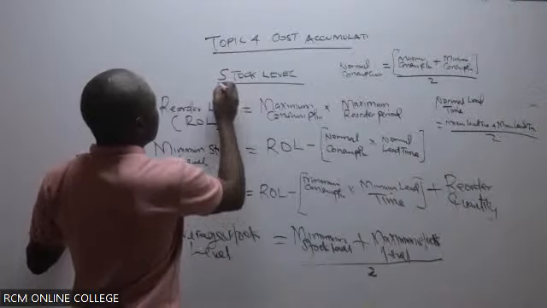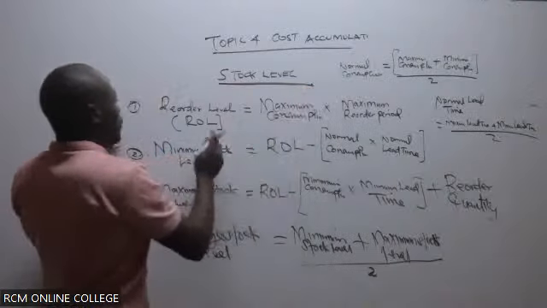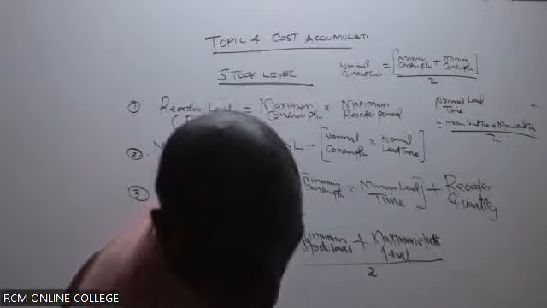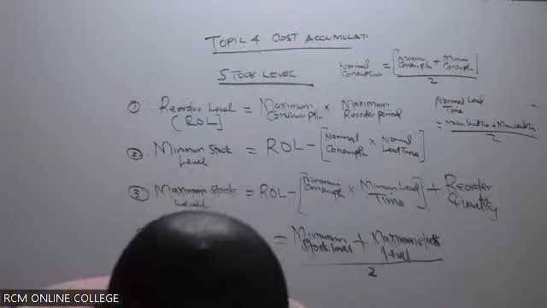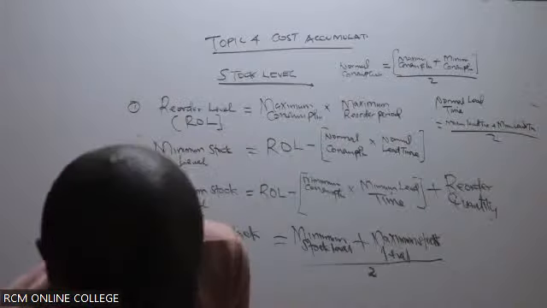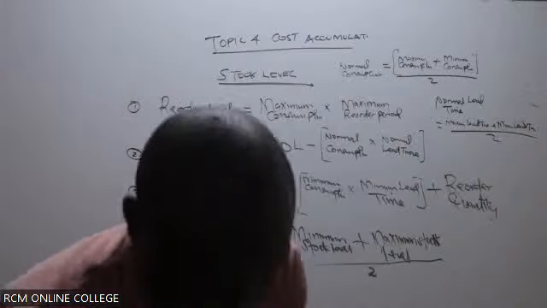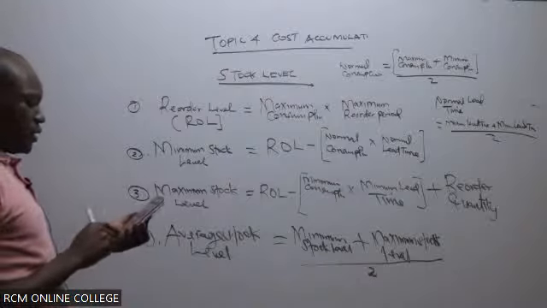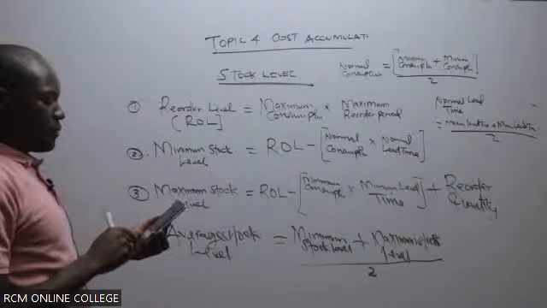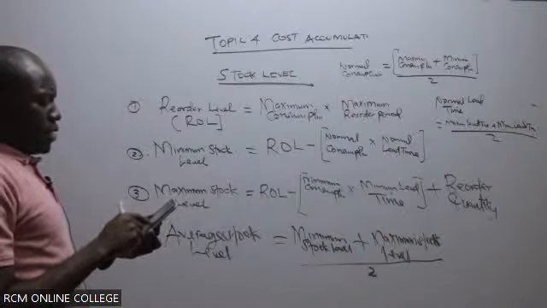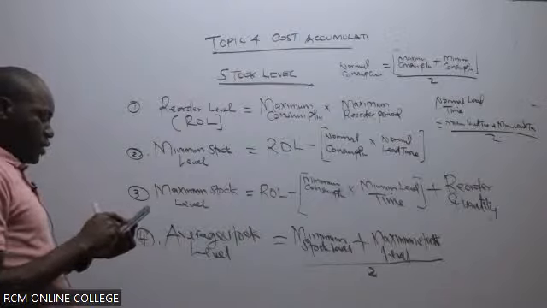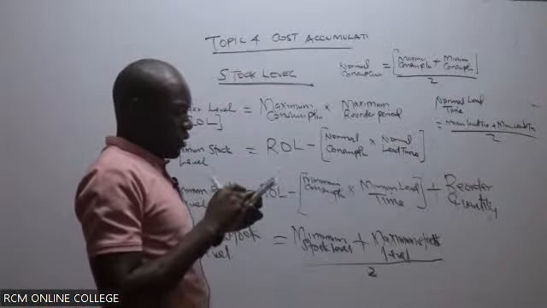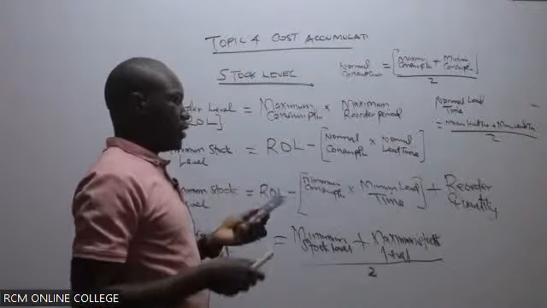So in the stock level, if you know these formulas, you are good to go. I need to confirm if it was tested in the concluded exams, ATD August sitting, if I'm not wrong.